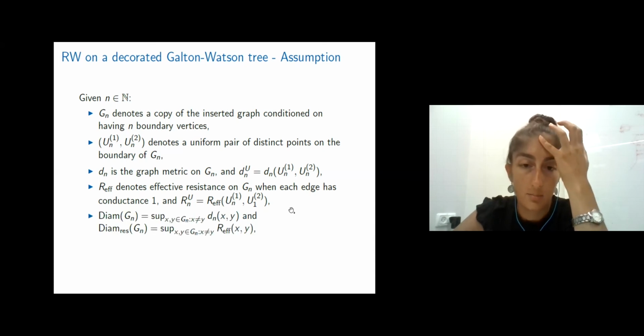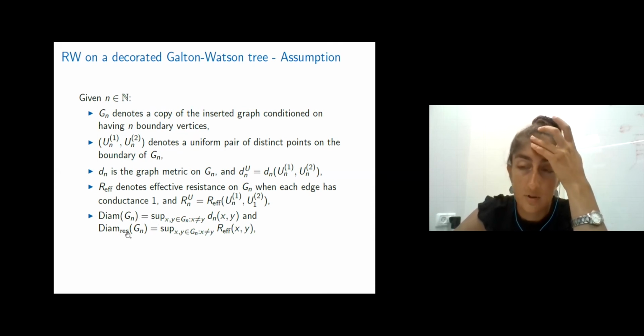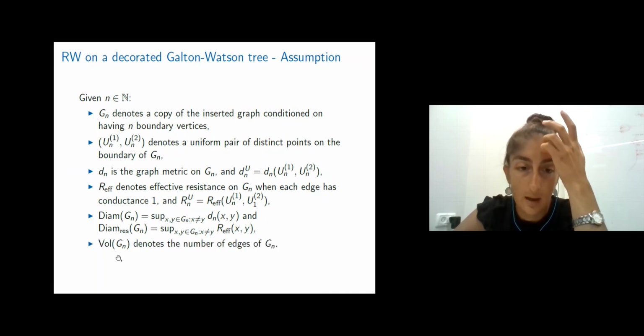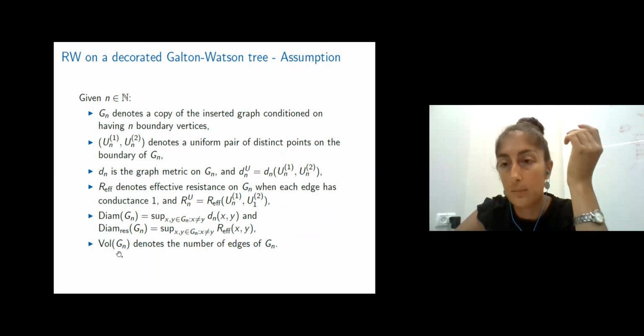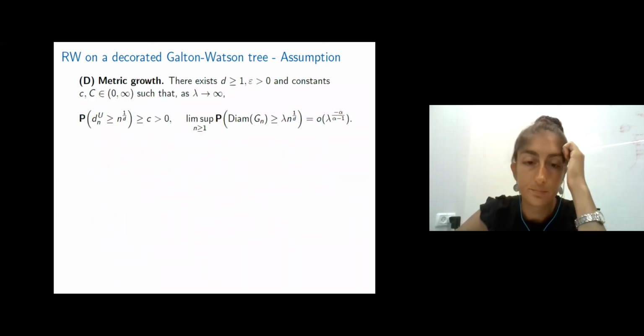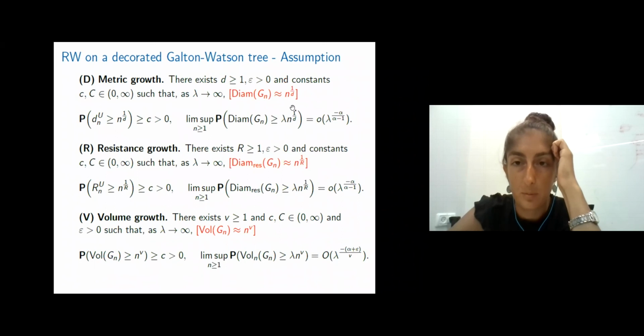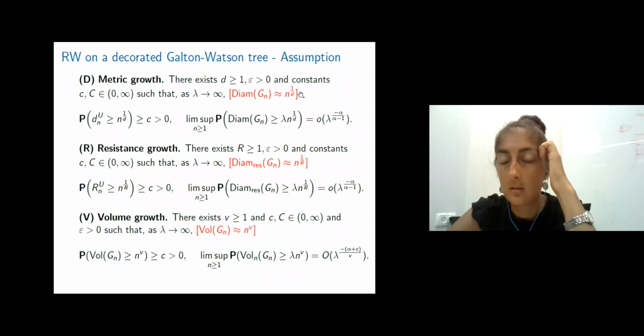And most of the rest of the notation is self-explanatory. We'll also be interested in the diameters of Gn and the diameters with respect to this resistance distance. And the volume of Gn is its volume, but in particular the number of edges, as opposed to the number of vertices. I have the formal assumption, but really I think what you should keep in mind is the bits written in red.